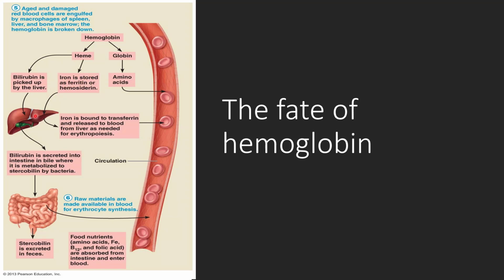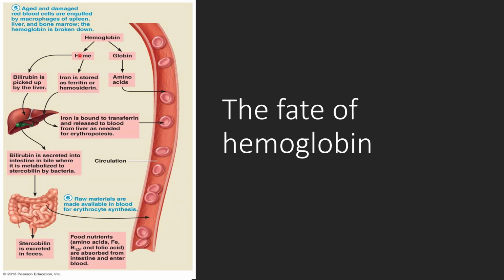Iron is stored as ferritin in the liver, and then the liver attaches that iron to a carrier protein called transferrin. Transferrin is one of those proteins that we talked about that helps transport iron in the blood. Now, that iron will eventually make its way to the red bone marrow, and we will just make some more hemoglobin out of it.